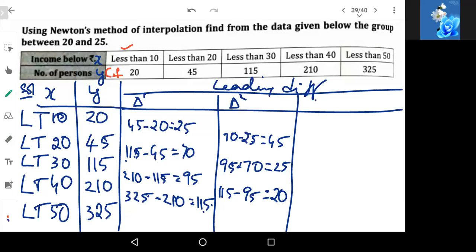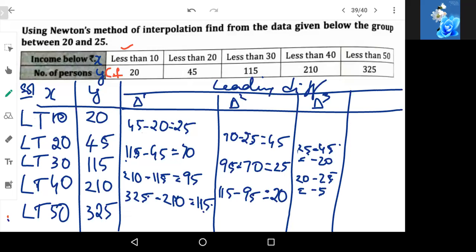Then the third leading difference. Until you get one leading difference, you're supposed to find the values. So here it's going to be 25 minus 45, so you'll get a minus value. 25 minus 45 will be minus 20. And then 20 minus 25 is going to be minus 5.